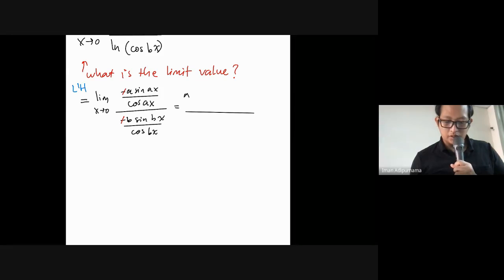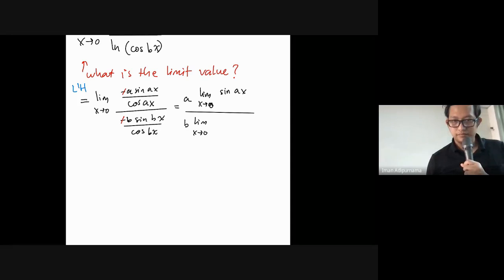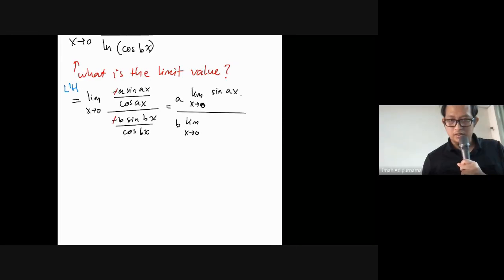Let me write this a going outside because it's constant, and the limit here, and b with the limit here. It will be sine ax over ax, and this also a limit, and 1 over cos ax.